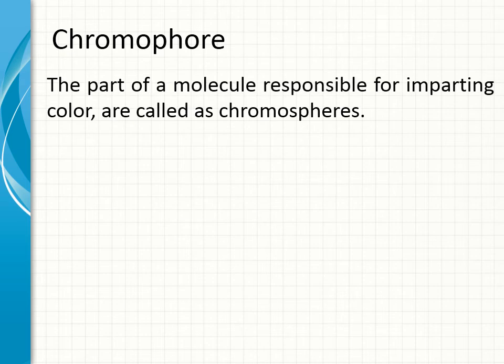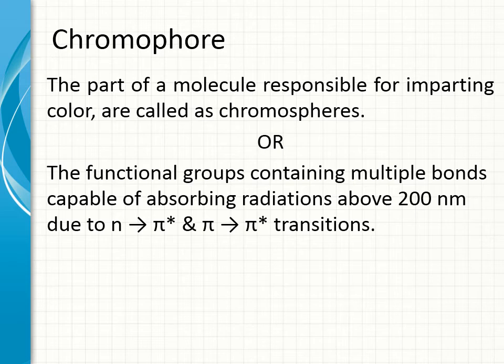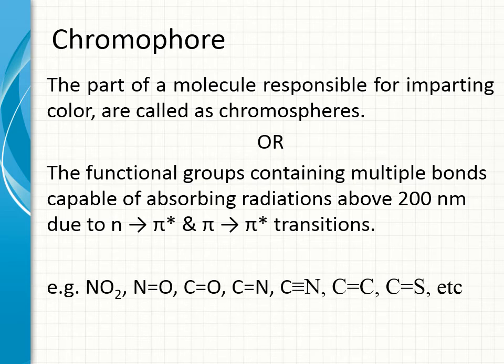The substance which is important for imparting the color is called the chromophore. Chromophore is actually the part of the molecule or a group of the molecule which is responsible for absorption of a particular wavelength of light, and under visible conditions is important for producing color. So therefore, such substances are called chromophores.